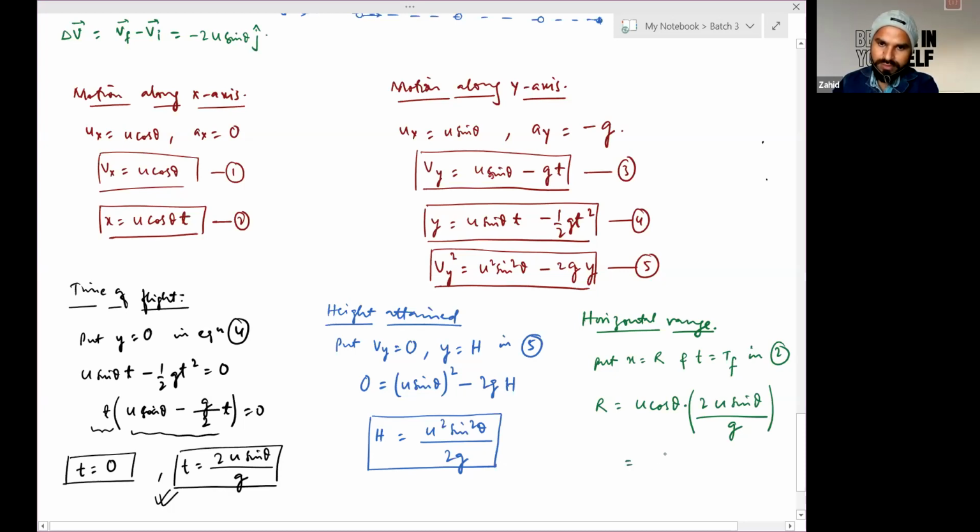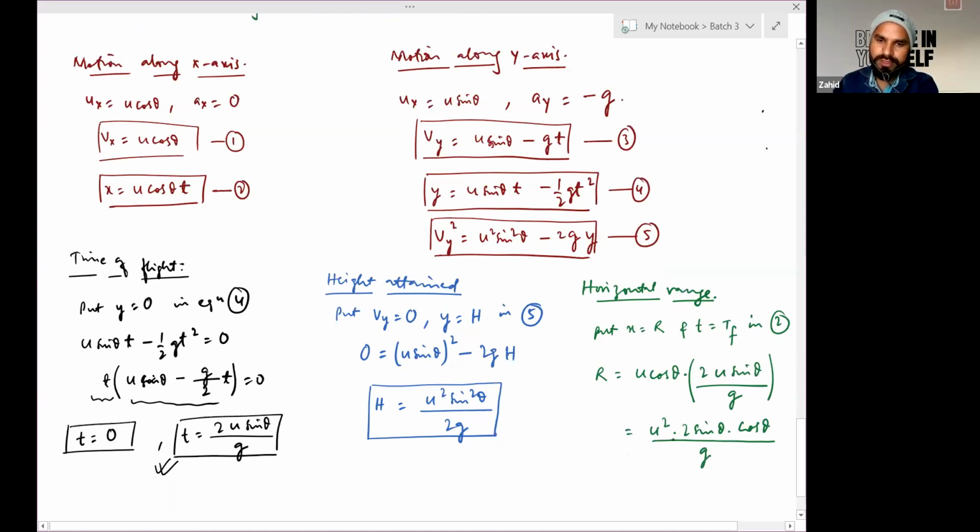So it will be u squared times 2 sine theta cos theta divided by g. I have defined this in the trigonometry part; this formula is nothing but sine of 2 theta. So range equals u squared sine 2 theta divided by g.